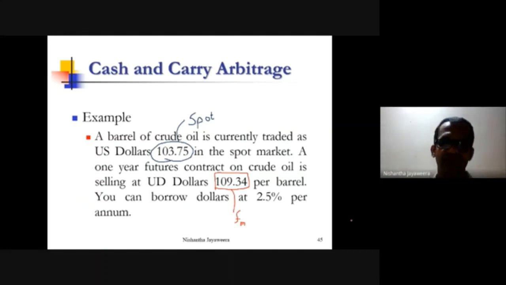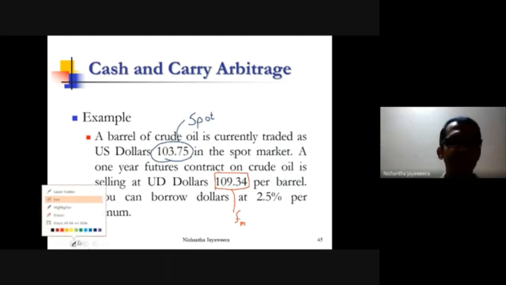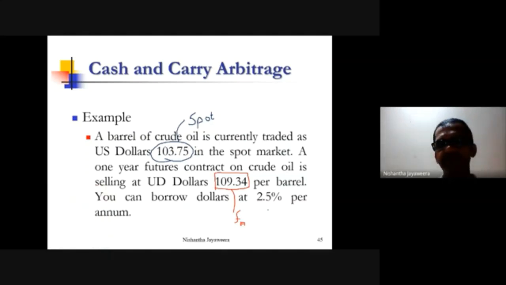How do you decide? Calculate the future value. You have to calculate the futures fair value.